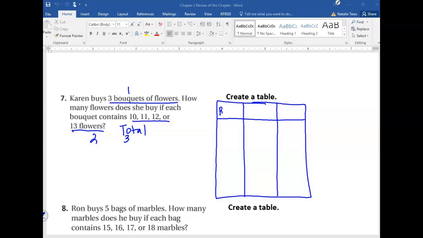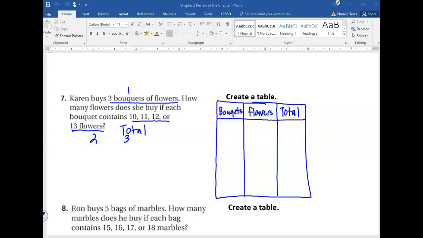So right here, what are we going to label this one? Bouquets. And then the next one is flowers. And this one is total. Okay, how many rows am I going to need? Yes. Well, I just did this. That's okay. Yours might be slightly different, but this is how I'm going to show you today. Okay?